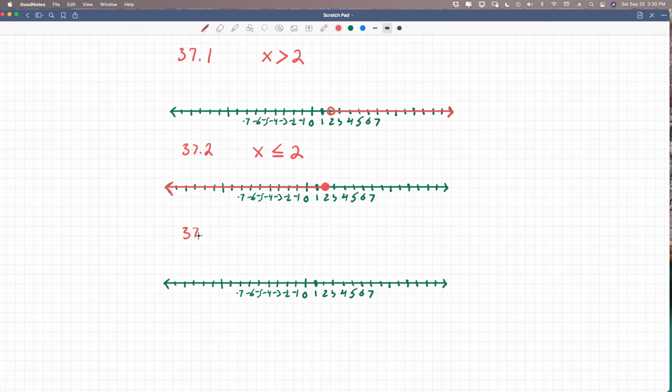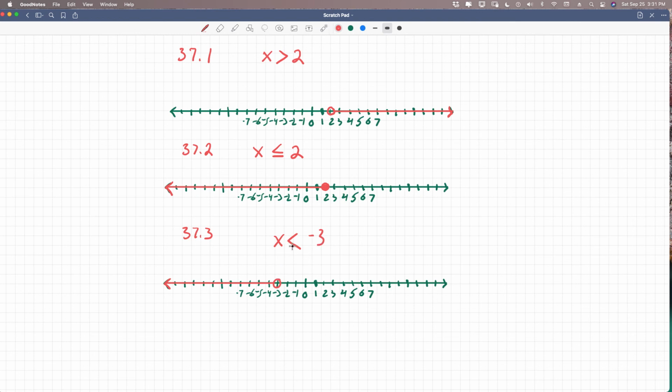All right, 37.3. We want to graph. Oh, we don't want to graph. What we want to do is look at the graph and tell them what it is. So they have this circled, and they have the line going this way. So let's decide what that is. So to me, x is going to be less than, we have a -3 here.